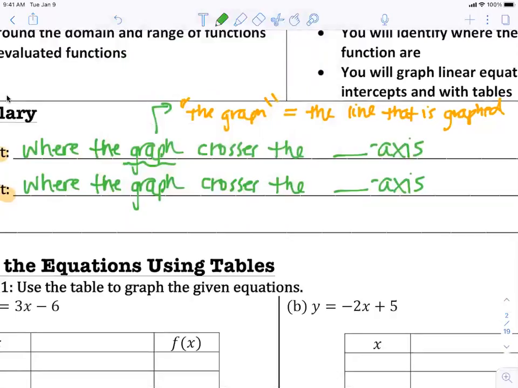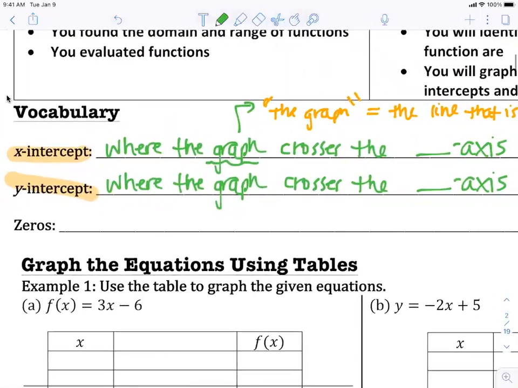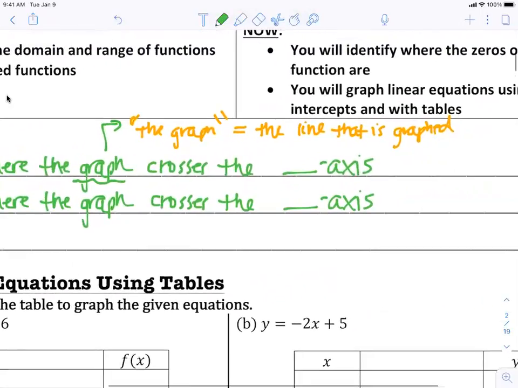Now, on our graphs, we have an x-axis and a y-axis. And the nice thing is that if we call something an x-intercept, intercept is kind of another word for intersection. So if I'm talking about specifically an x-intercept, I'm talking about the point where the graph crosses the x-axis.